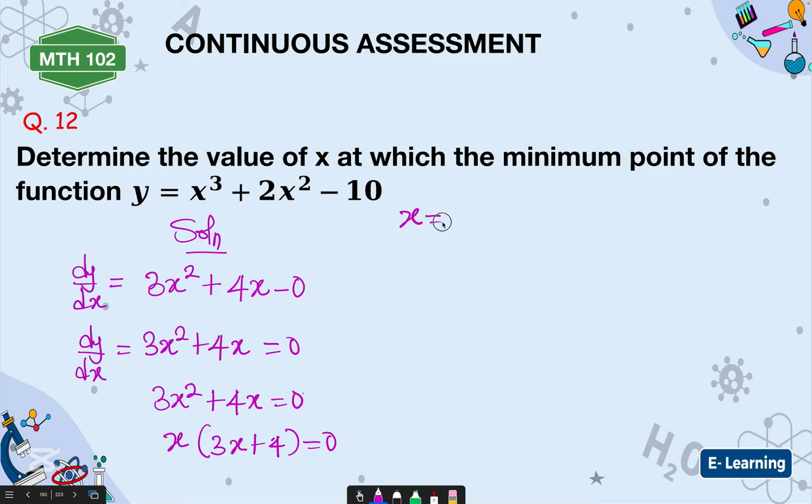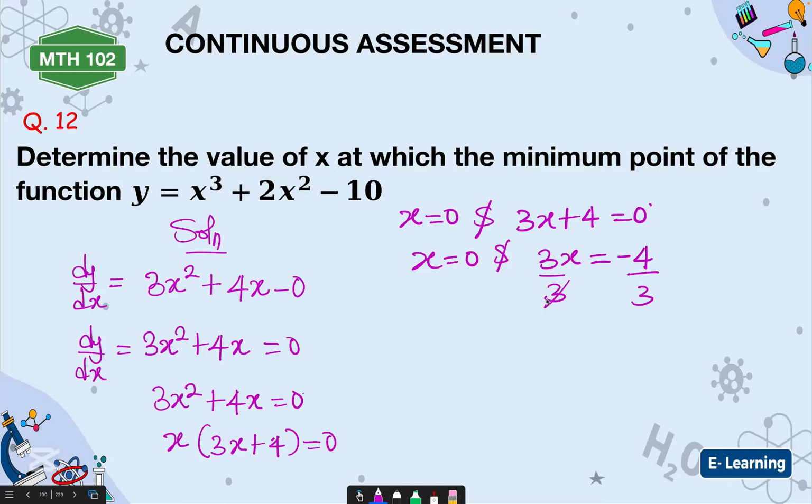So x is equal to 0 and 3x plus 4 is also equal to 0. So 3x is equal to minus 4. Divide both sides by 3. Your x is minus 4 over 3. So x can be 0 and x can be minus 4 over 3.